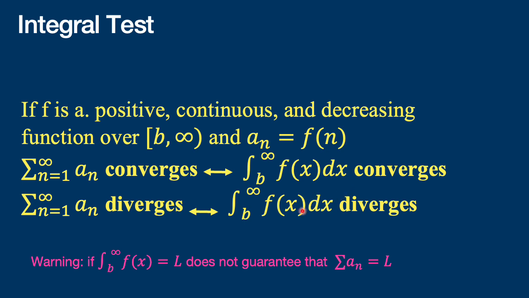But here is a very important thing, guys. Finding the value L of the improper integral does not guarantee the sum of the series is L. This test only tells us that if the improper integral converges, the series converges, and if the improper integral diverges, the series diverges. That's it. We don't know the sum of the series.